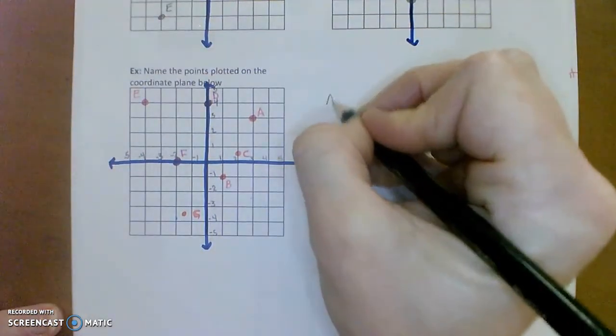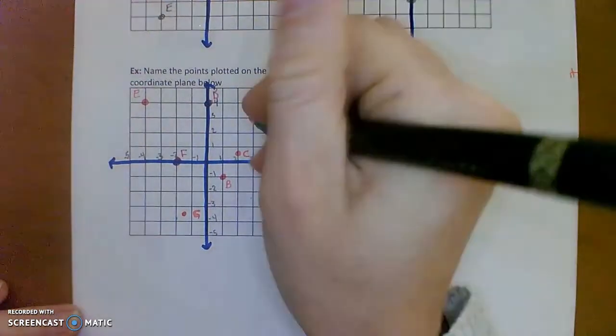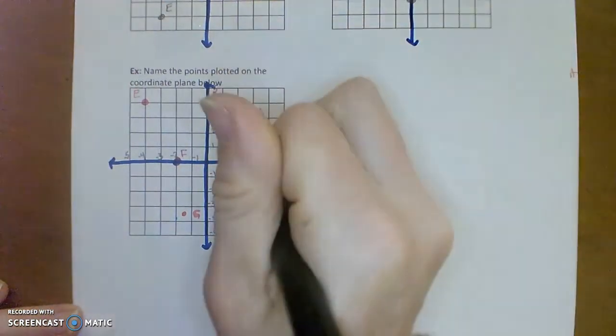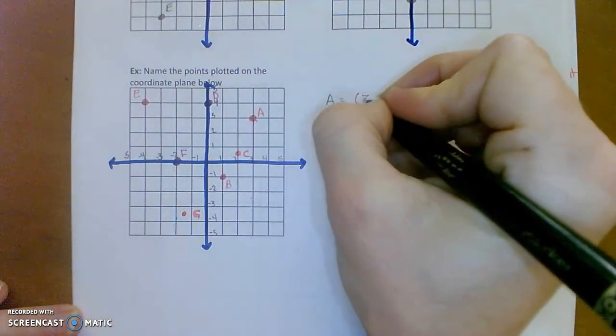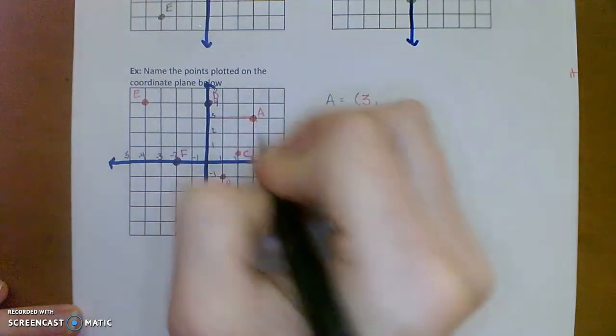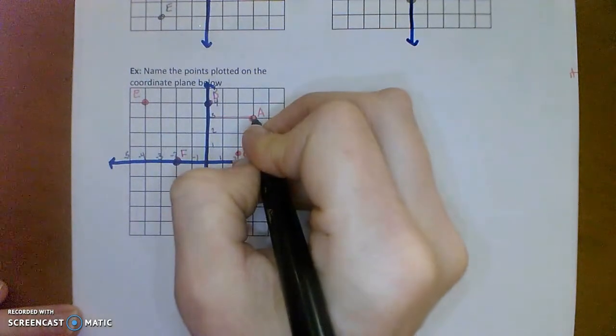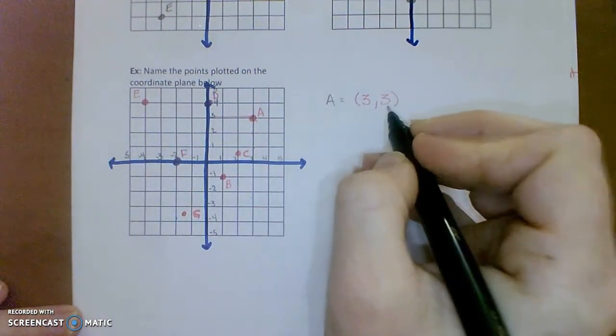Let's start with A. In this location, find the x-coordinate. The x-coordinate is 1, 2, 3. And the y-coordinate is also 3. So A has the coordinates 3, 3.